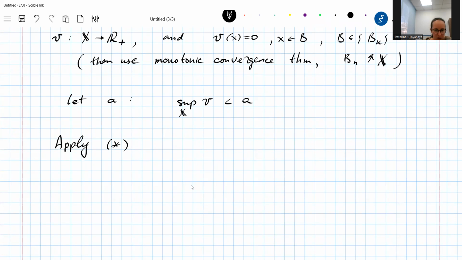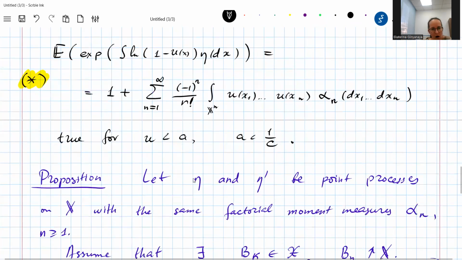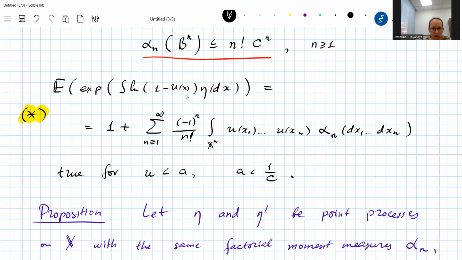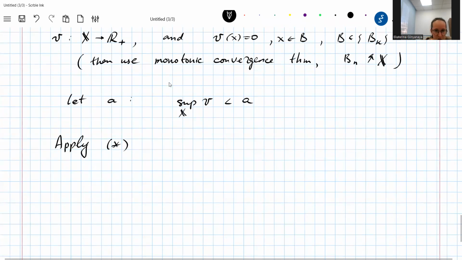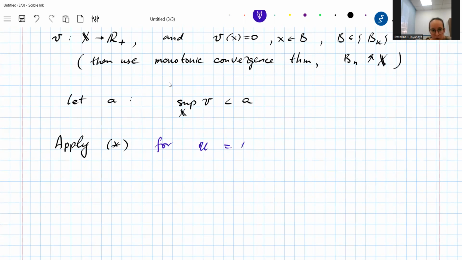But in the formula star, we have the logarithm of 1 minus u. So we should take the function u of the form 1 minus e to the power minus tv. Let us choose this constant t a little bit later.